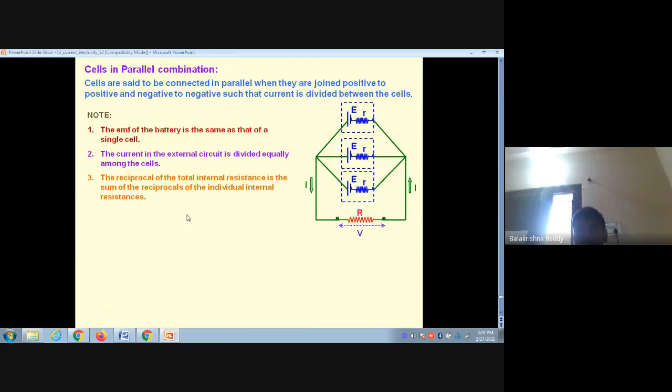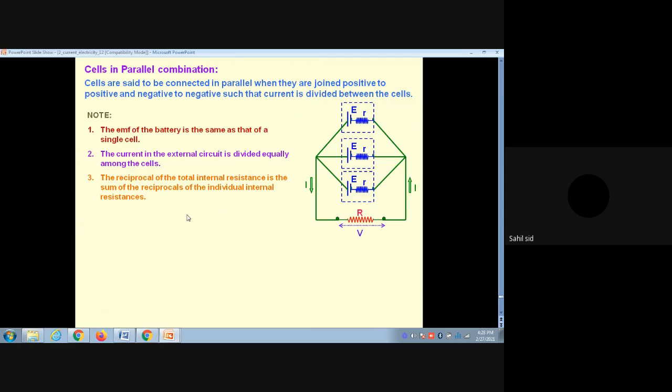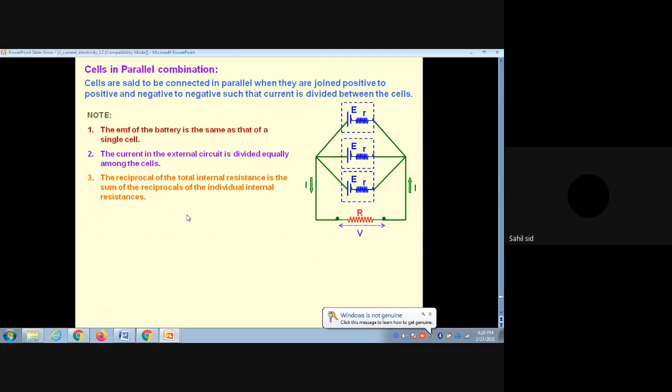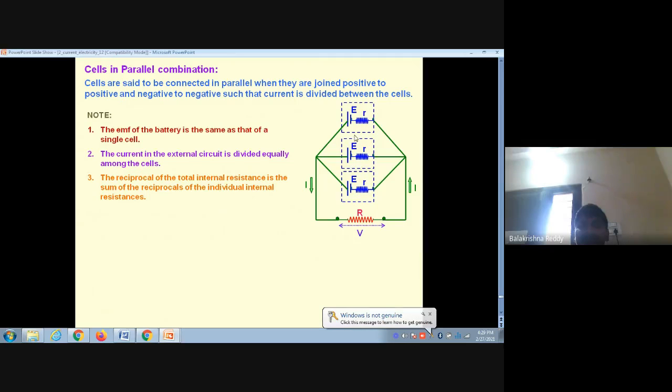The internal resistance is attached to the cell. Whichever way the cell is connected, the resistance automatically gets connected the same way, since it is inside the cell.